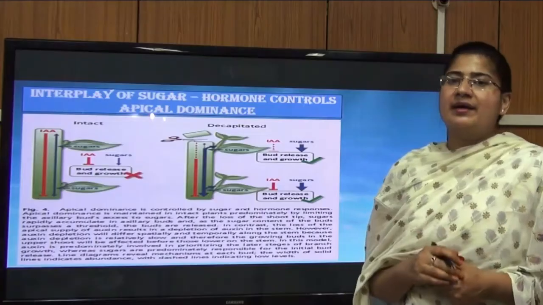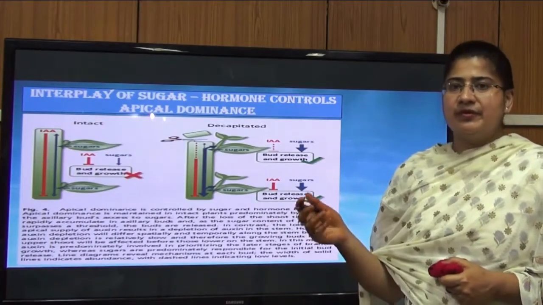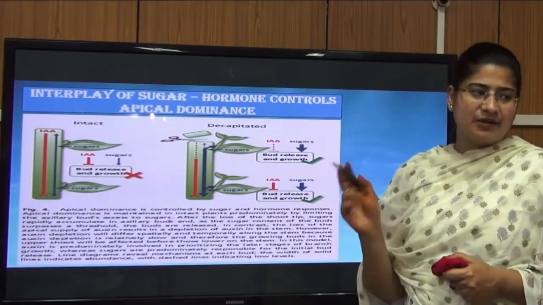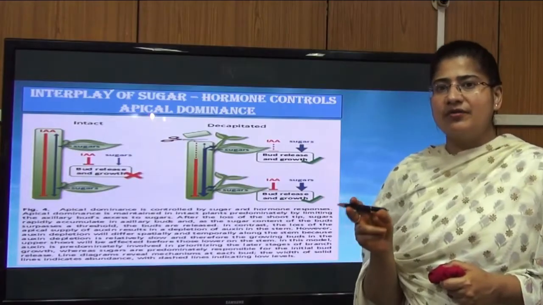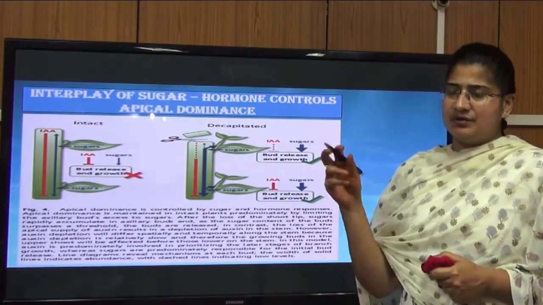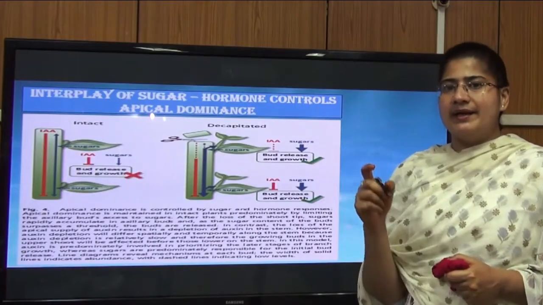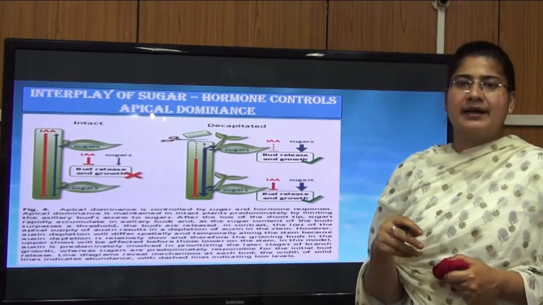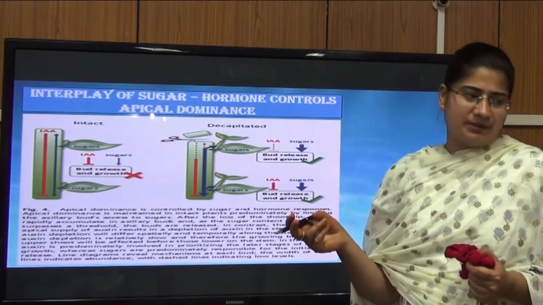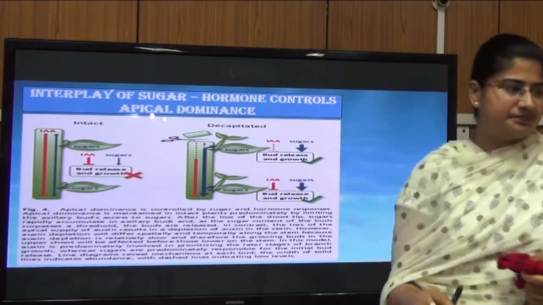Besides this, cytokinin is another hormone which we will discuss in the next class, and cytokinin acts as an antagonist of auxin. Meaning if the apical bud is intact and you apply cytokinin exogenously, then again there will be growth of the lateral bud.